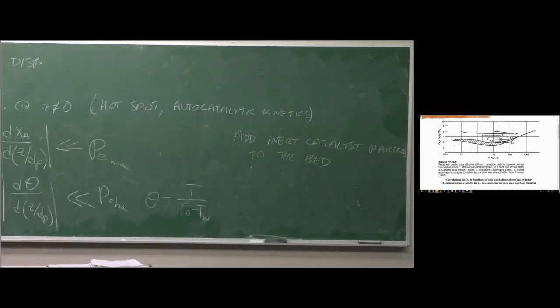This sort of spaces out your catalyst, right? And so it reduces the amount of heat generated in one spot. I like to think of this one more in terms of heat generation, but obviously everything I'm saying is the same with concentration gradients. So it reduces the amount of heat generated that's local, right? You're generating the same amount of heat, but spread out over a larger space. And that minimizes the concern of hot spots and axial dispersion.